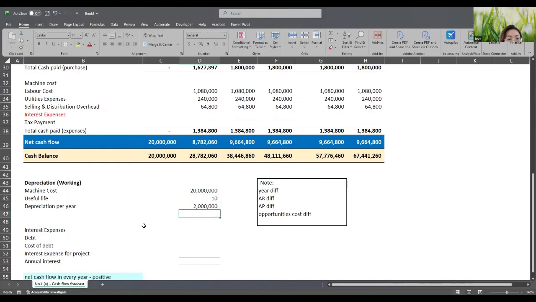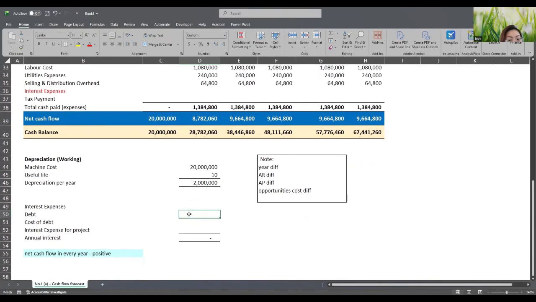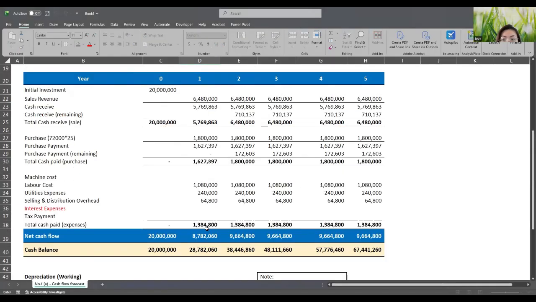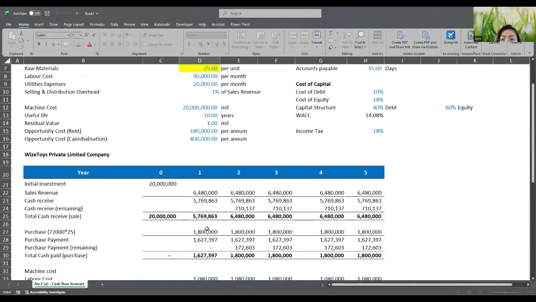So we get the depreciation is 2 million. And we know the debt is 800.